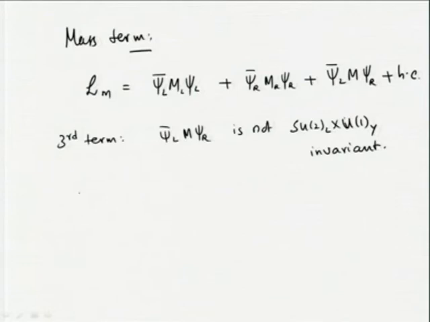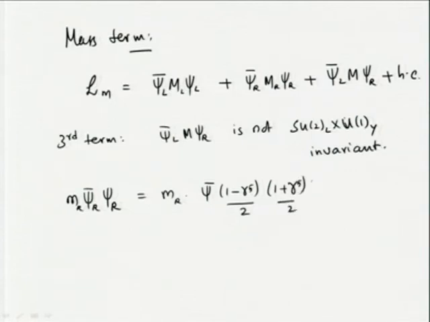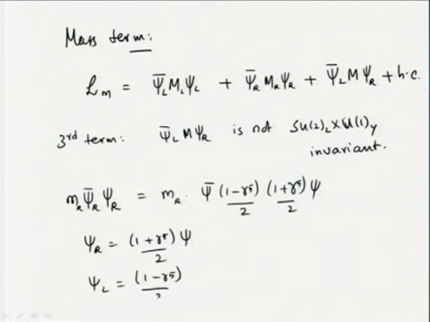What about the other term? Let us look first at psi R bar M_R psi R. This is equal to, whatever M is, psi bar (1 minus gamma 5)/2 (1 plus gamma 5)/2 psi, for psi R is equal to (1 plus gamma 5)/2 psi and psi L is equal to (1 minus gamma 5)/2 psi. Okay.